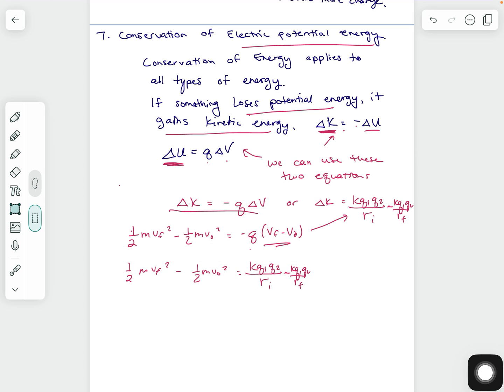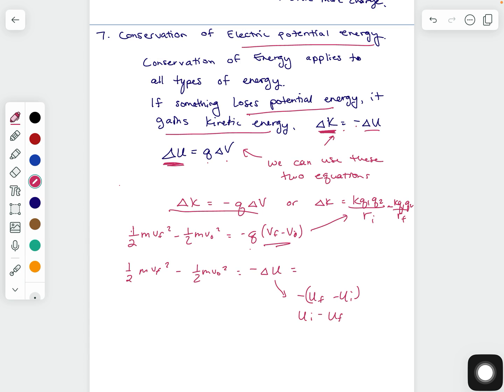Actually, let me go through how I got that, because we would have the negative change in potential. So we'd have, as a side swipe, negative U final minus U initial, or U initial minus U final.